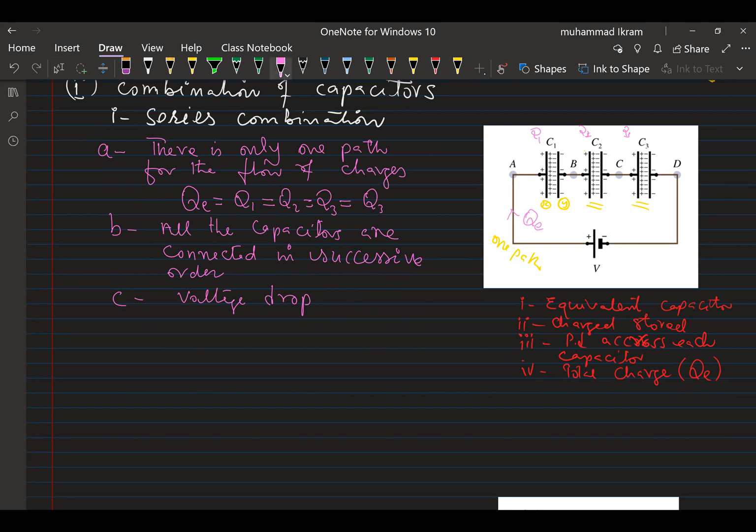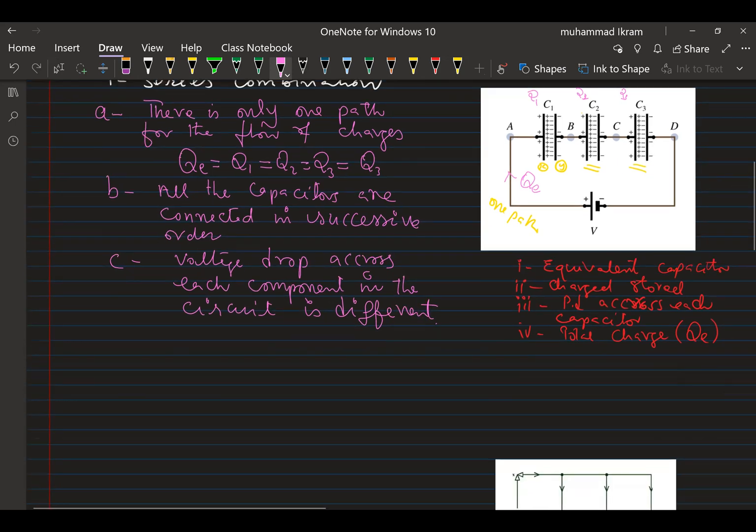So the voltage drop across each component in the circuit is different, if the capacitors are of different capacitance.